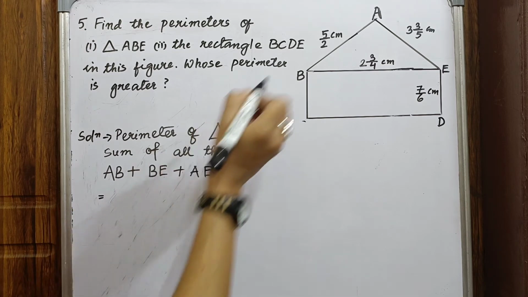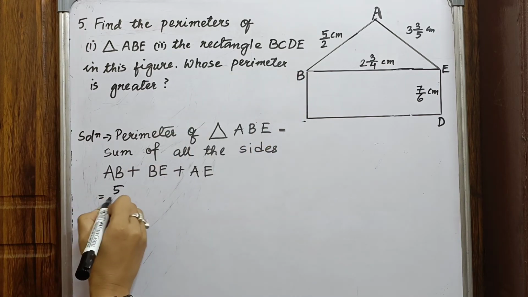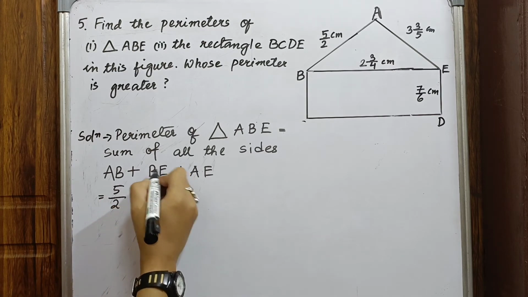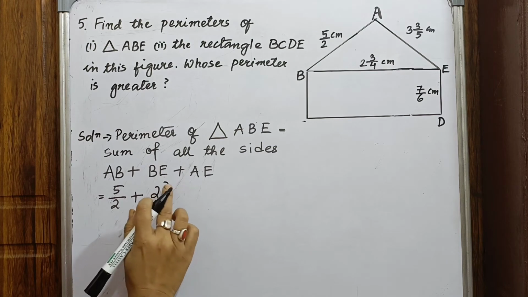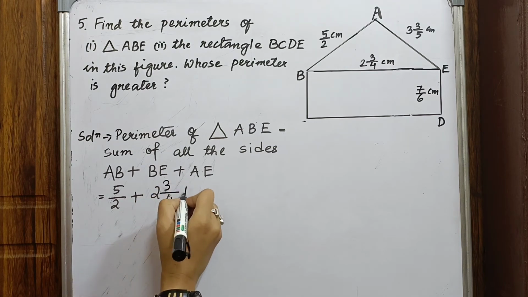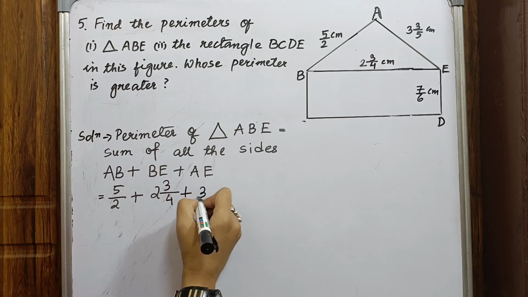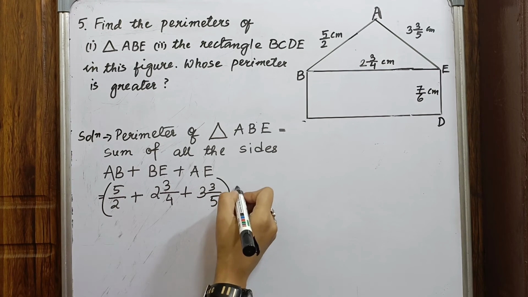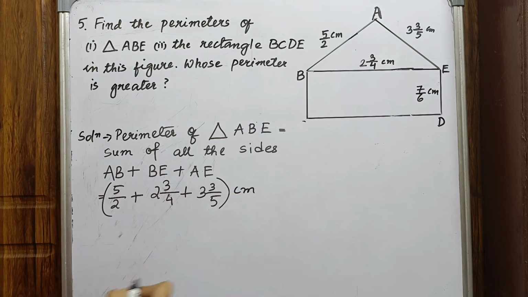So what is AB? 5 by 2 centimeter plus BE is 2 3 by 4 centimeter plus AE is 3 3 by 5. Together as a whole, we'll write the centimeter of all the 3.